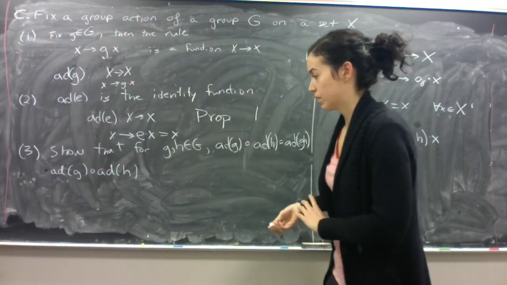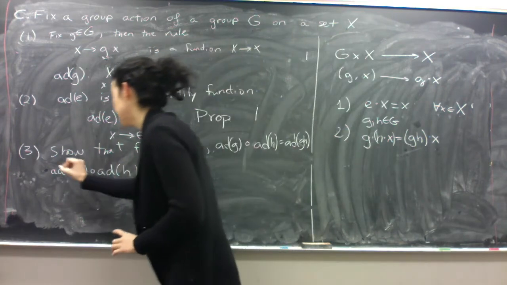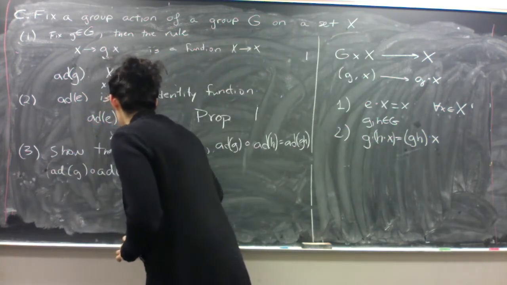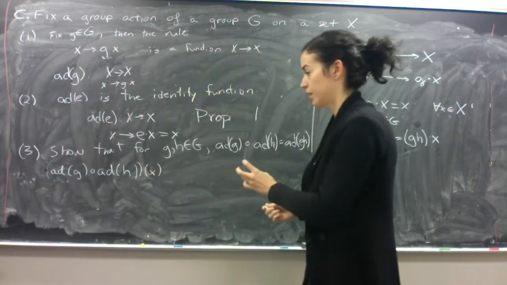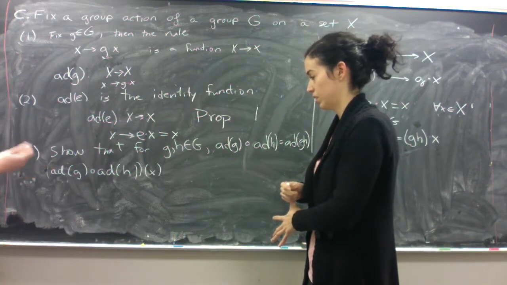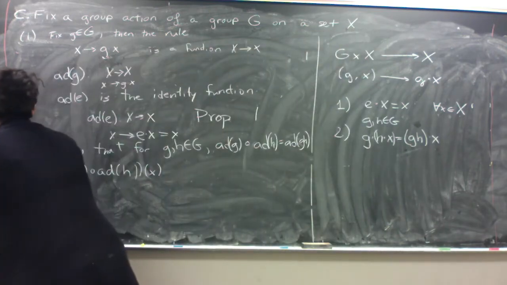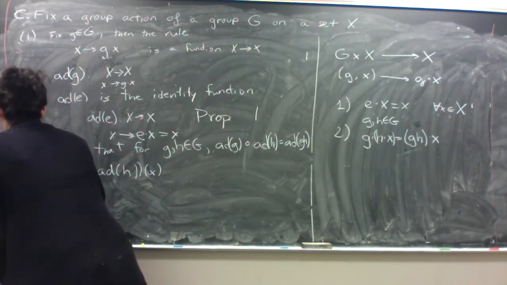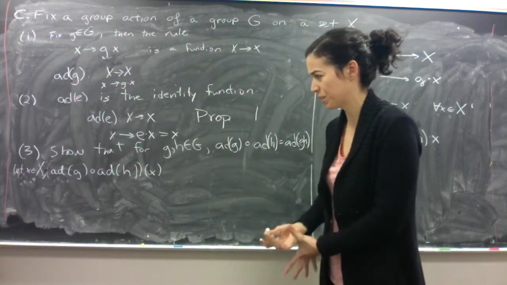Maybe we should take an element in X and have the function be evaluated at that element. Oh yeah, this is how we show that functions are the same: we look at what they do to things. Okay, so let X be in X, and I'm going to try to expand this out.